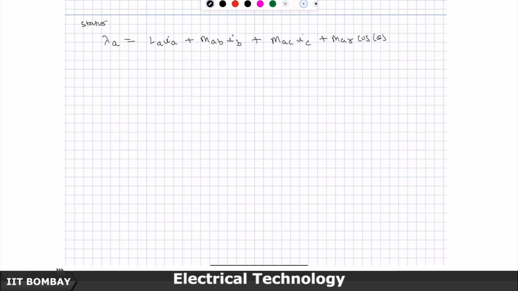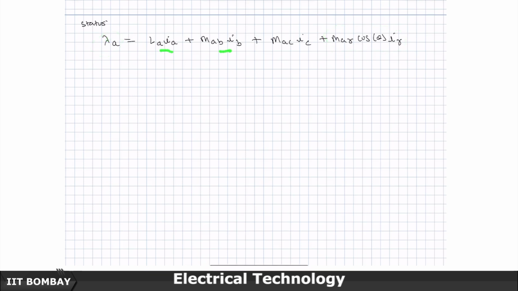Then when the two axes are aligned with respect to each other, the mutual coupling is a maximum at its value MAR, and in general it is MAR cos theta times the rotor current which it carries.